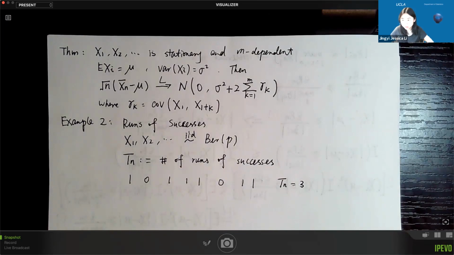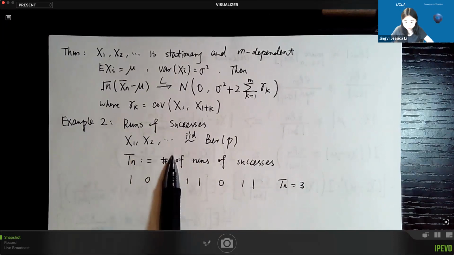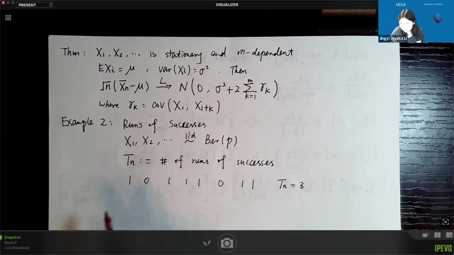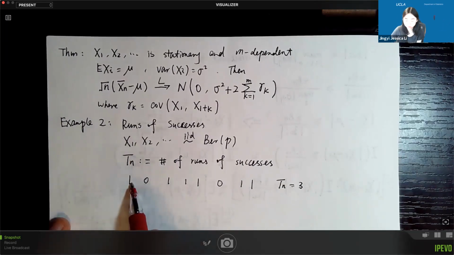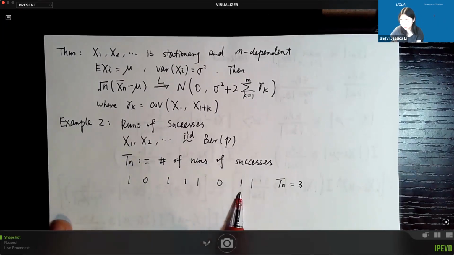So to do that, we need to have a mathematical definition for Tn. So how can we write Tn as a formula of x1 to xn? So think about how we define a run of successes. If you look at this example, except the first one, which just has 1 in the beginning, for the second and third, there is a very clear pattern.